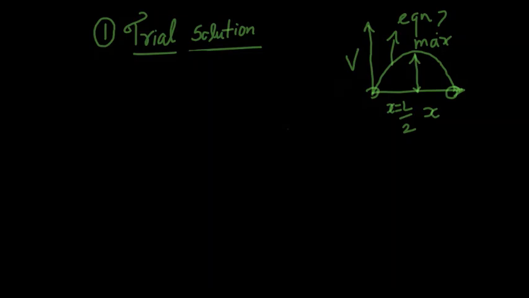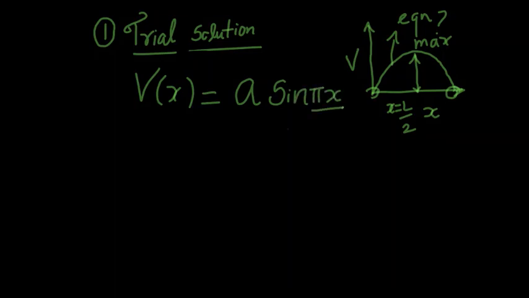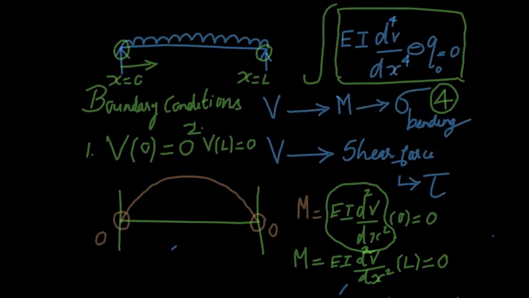The trial solution that I am going to assume is v of x. This is a surprise for you, maybe a mystery for you. It is a into sine pi x over L. For some of you, it may not be a surprise, but there is a perfect logical reason, and you will appreciate why I have assumed this particular trial solution.